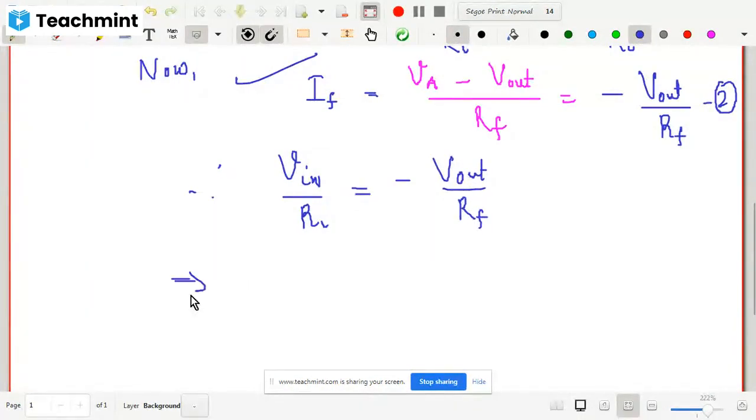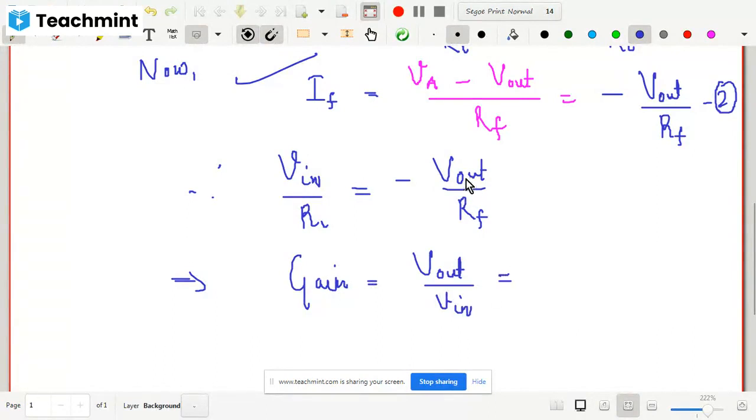So how will we get the gain? If we divide the output voltage by the input, only then we get the gain. So what we will do here is V_out divided by V_in. Try to find this relation here. So I can say that the gain should be equal to V_out divided by V_in.